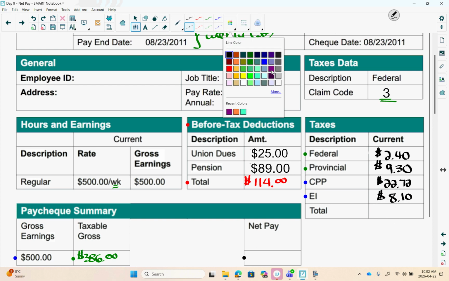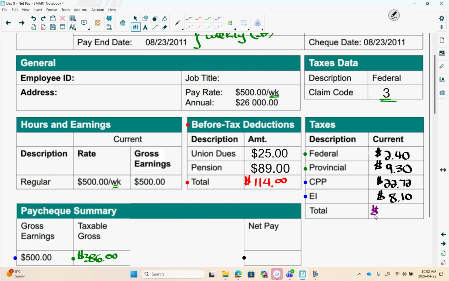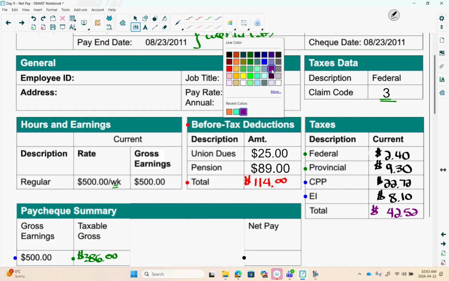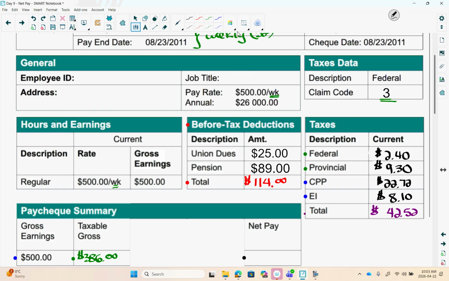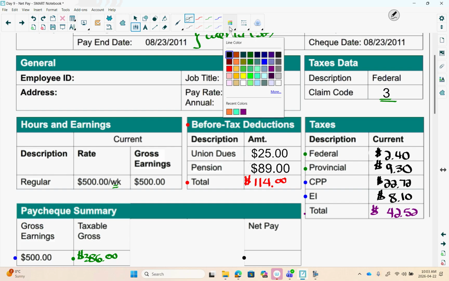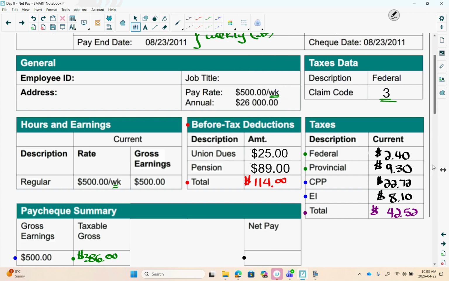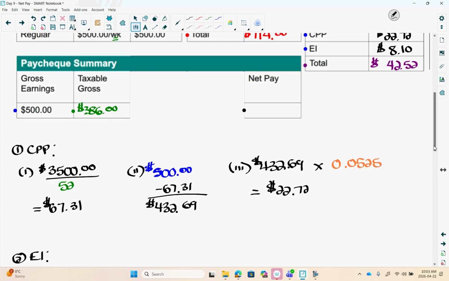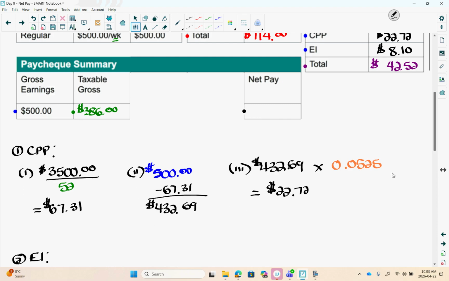And then how do I figure out the net pay? Anyone know how to fill out the net pay? A couple of ways you could do it.